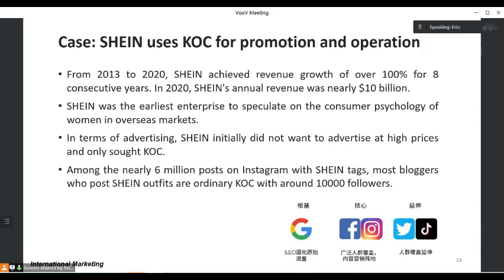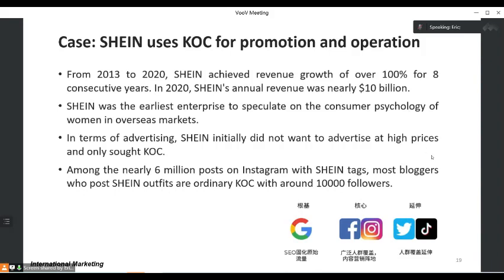In 2020, Shein's revenue was nearly 10 billion, and every year the growth rate was over 100 percent for 8 consecutive years.